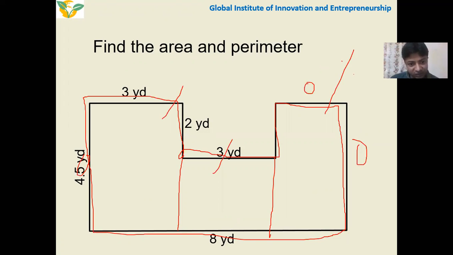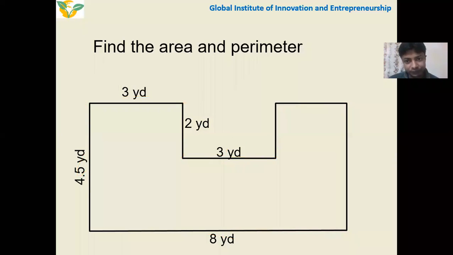If this is 3, this is 3, then up to this point, it will be 6 feet, and total is 8 yards. So you will get 2 yards here to here. This will again be 2 yards, because this is 2 yards, so this will also be 2 yards. This you will know, so you can sum it up and get the perimeter.